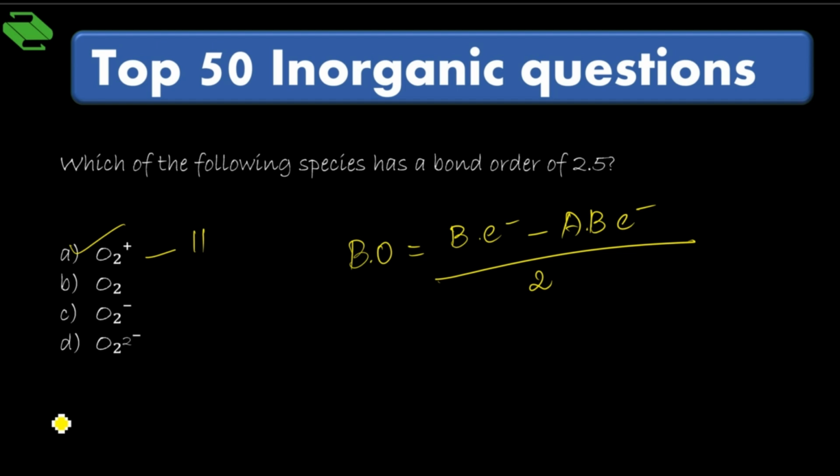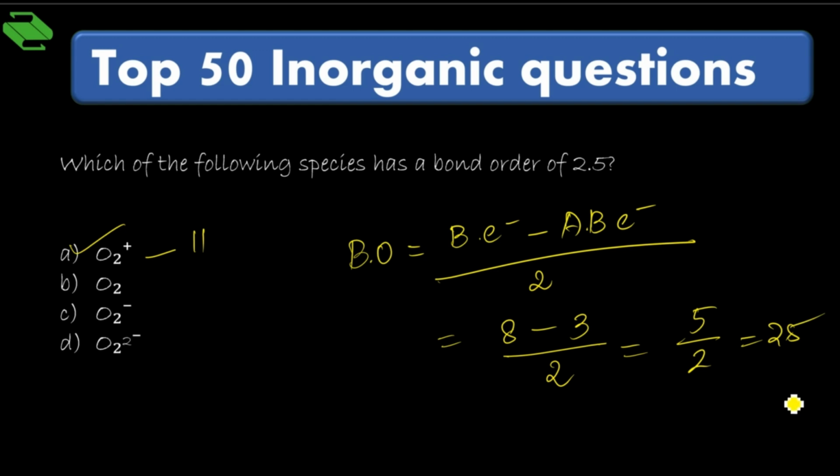So which is less than 14. So the bond order becomes 8 electrons as bonding electrons and 3 electrons as antibonding. So which makes it 5 by 2 equal to 2.5. So O2 we know is 2 and the remaining things we already know about.